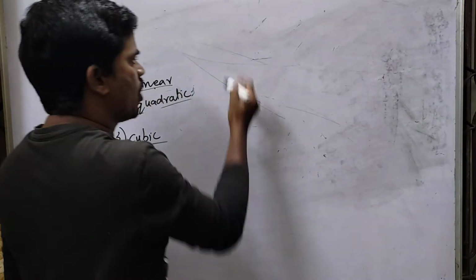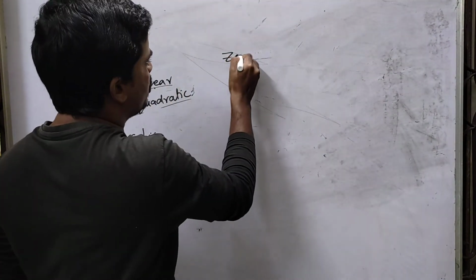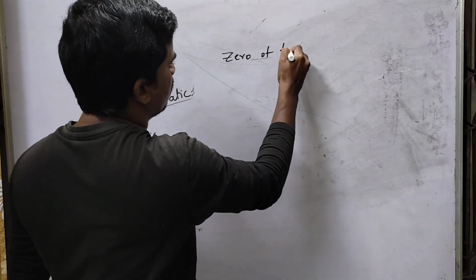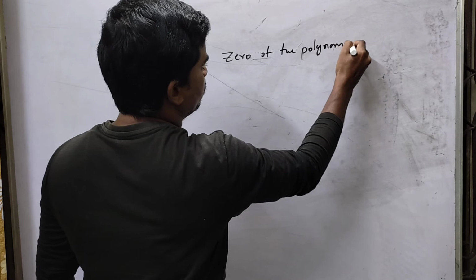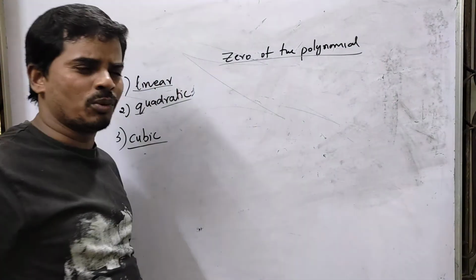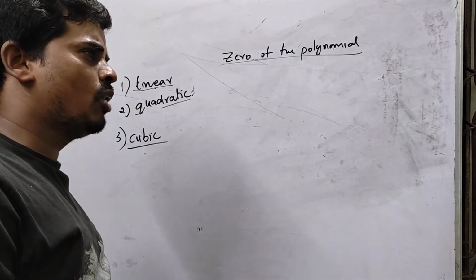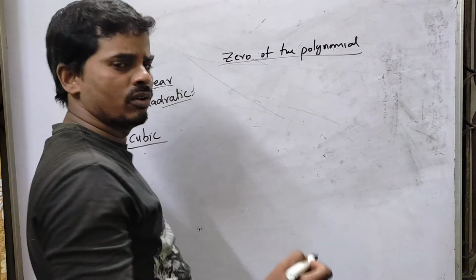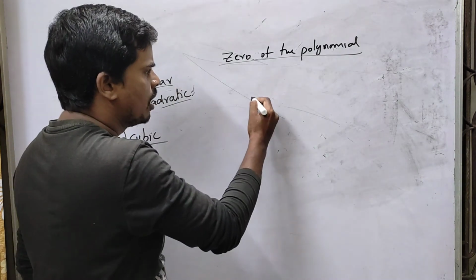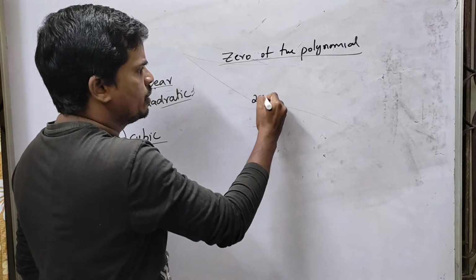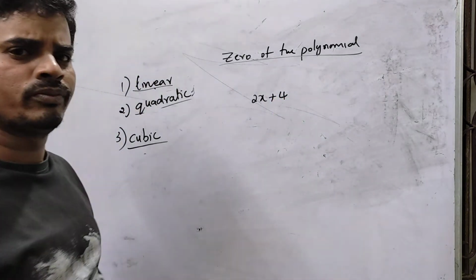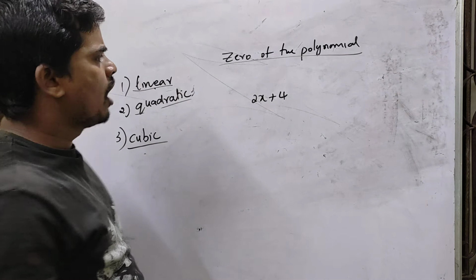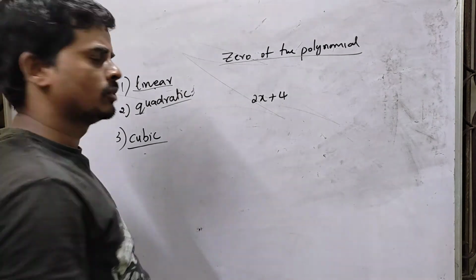Now the other concept we have to learn is the zero of the polynomial. What is the zero of the polynomial? For a small example, I can give you 2x plus 4. 2x plus 4 is a polynomial, of course a linear polynomial.